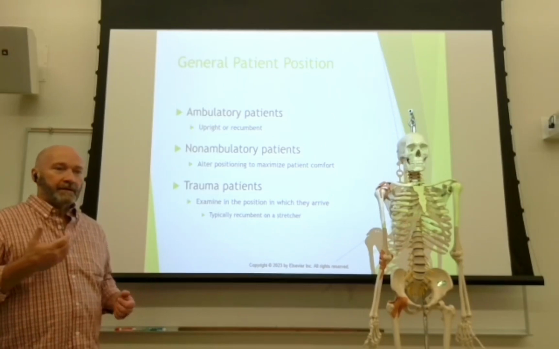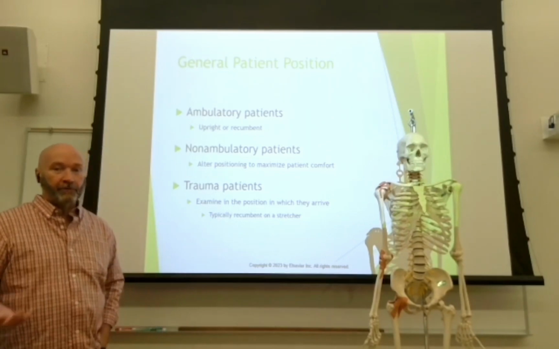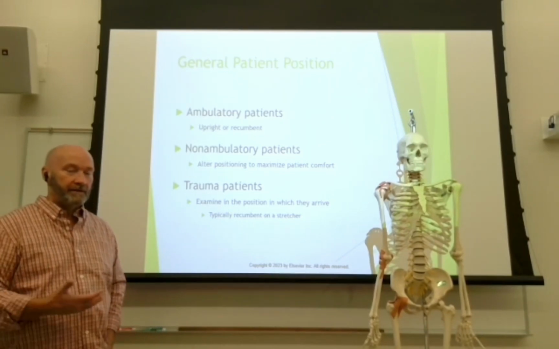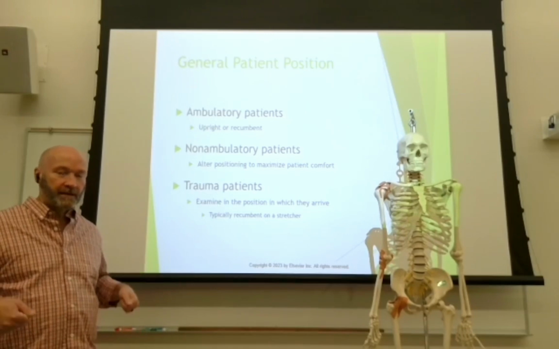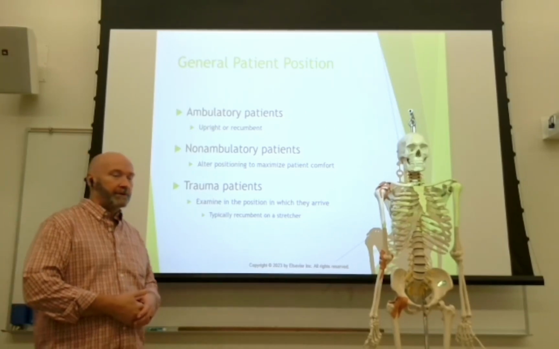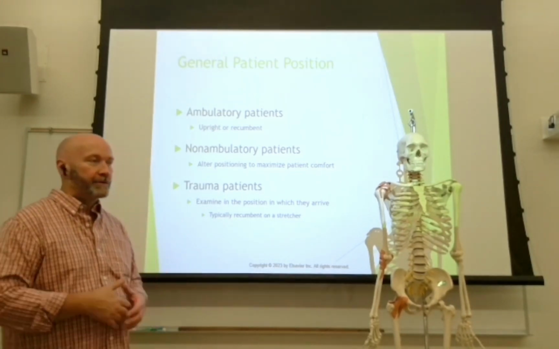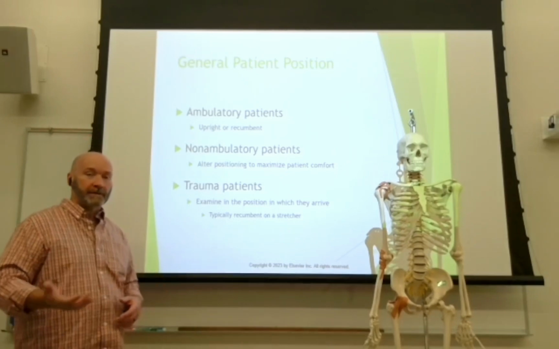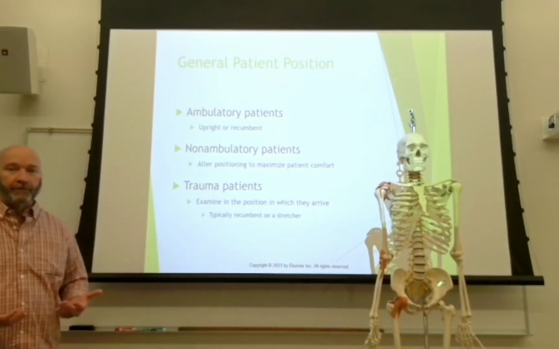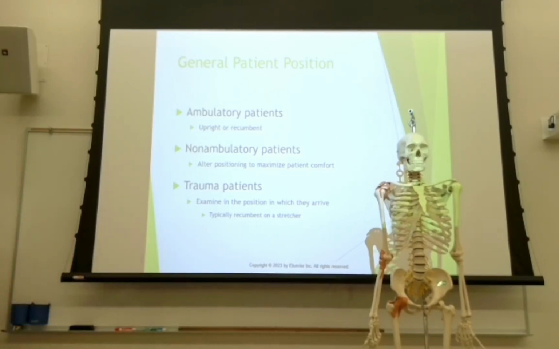If the patient is in a wheelchair, I recommend that you shoot the patient upright. Even if they're in the wheelchair, just go ahead and complete them in the wheelchair. Sometimes you can take the backs and the sides off the wheelchair, and you can leave them sitting in the wheelchair. Sometimes you may have to put the image receptor behind the patient in the wheelchair. Move them as little as possible. It's painful to move. It's painful to breathe. It's just better to move the patient as little as possible.